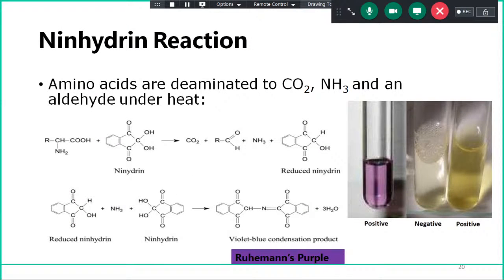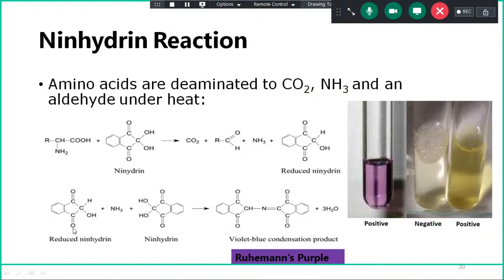The second is the ninhydrin reaction, which is given by free amino acids. Amino acids are oxidatively deaminated into carbon dioxide, ammonia and aldehyde when heated with ninhydrin. So the reaction is: amino acid with ninhydrin will give carbon dioxide, aldehyde and ammonia. This is oxidative deamination, and ninhydrin gets reduced.